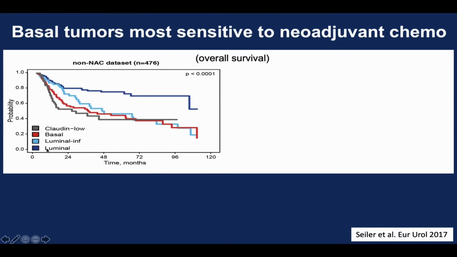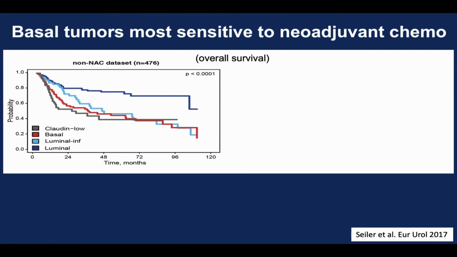And you see here, this is a survival curve for the patients not treated with chemo, so the ones in the public domain. And the important thing here is going to be the comparison to what's over here. You see that luminal patients do very well. And I had commented previously that luminal papillary especially are the ones that are unlikely to be understaged.